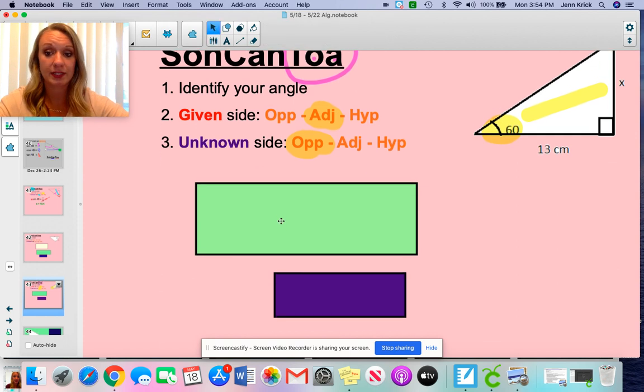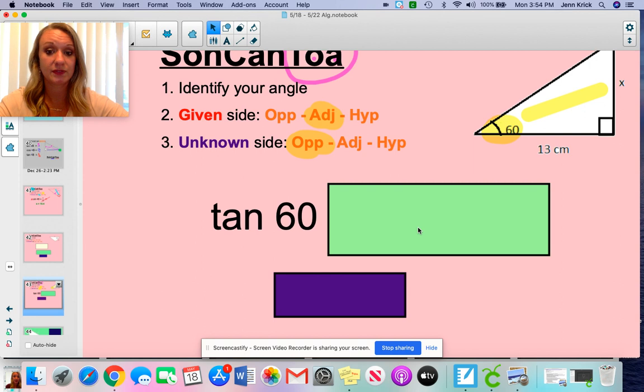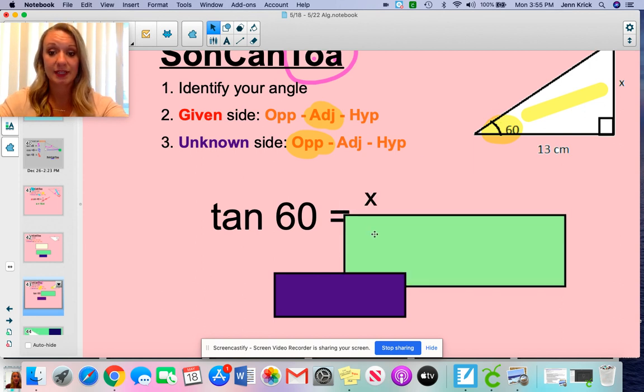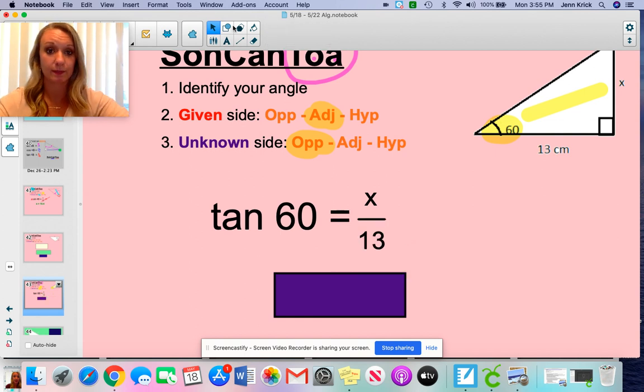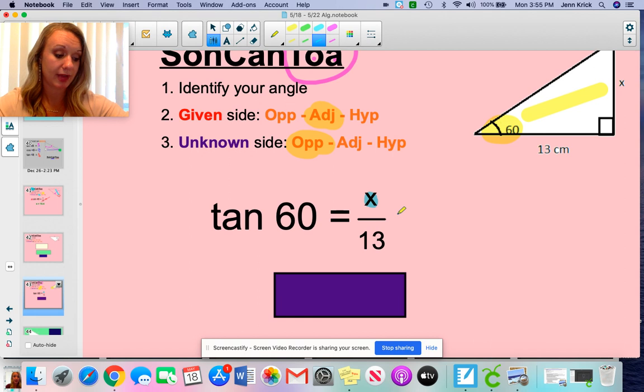So I know that it's going to be set up like this. The tangent of 60, 60 is your angle, the opposite side is x over adjacent, which is 13. Similar to the last problem, if we want to get x by itself here, we multiply both sides by 13.